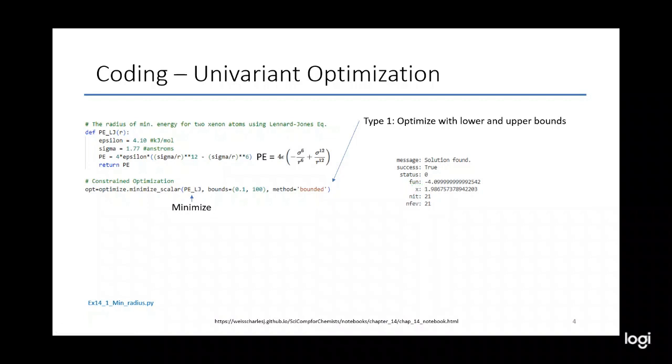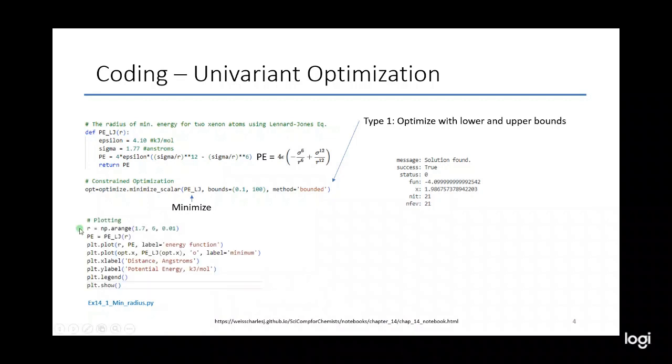Okay, now let's visually check if we have found the correct minimum value. First, we will create the x values for plotting using the arange function ranging from 1.7 to 6 with an increment of 0.01. We will then feed these x values into our user-defined P_LJ function to calculate the corresponding potential energy values.